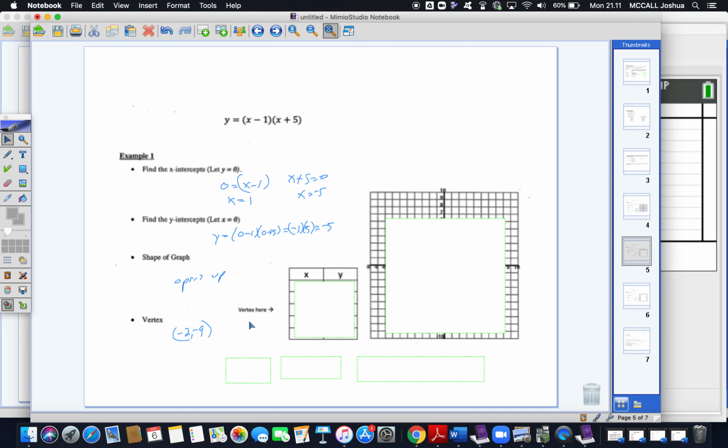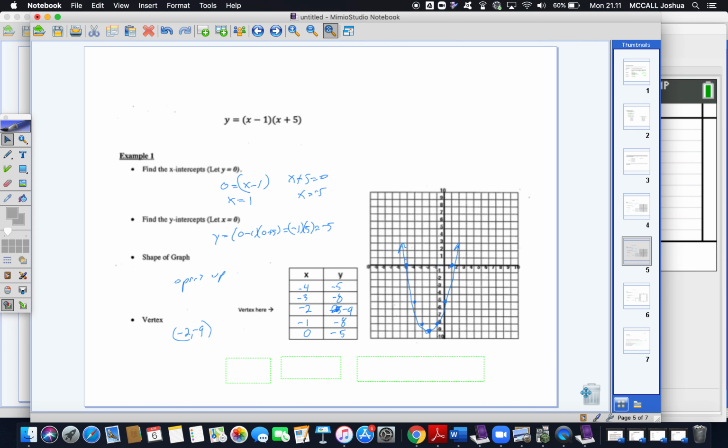But if they're not, then you have to either solve it or use the calculator to do the second calc 0. So we get this information in our table, and then we take that information and transpose it onto a graph so that we can draw it out and see what it looks like on paper.